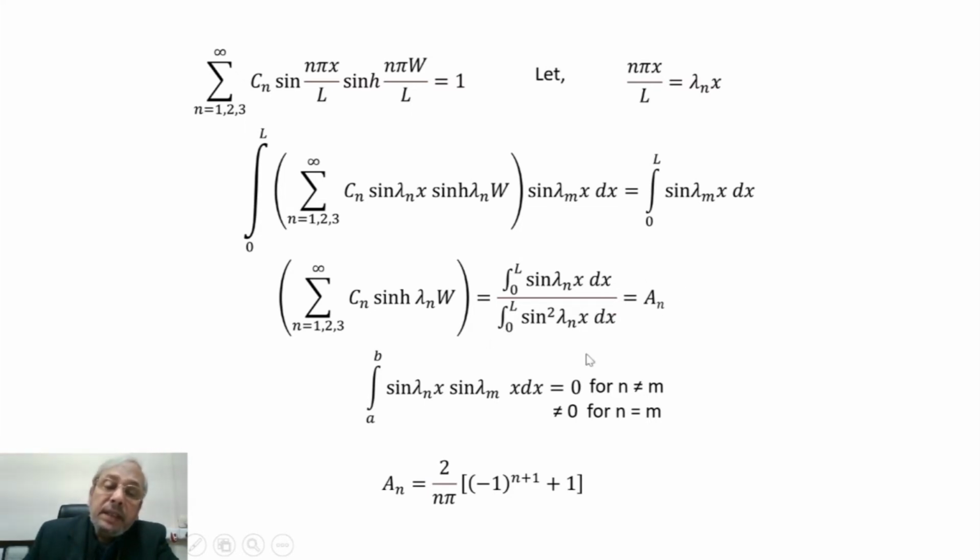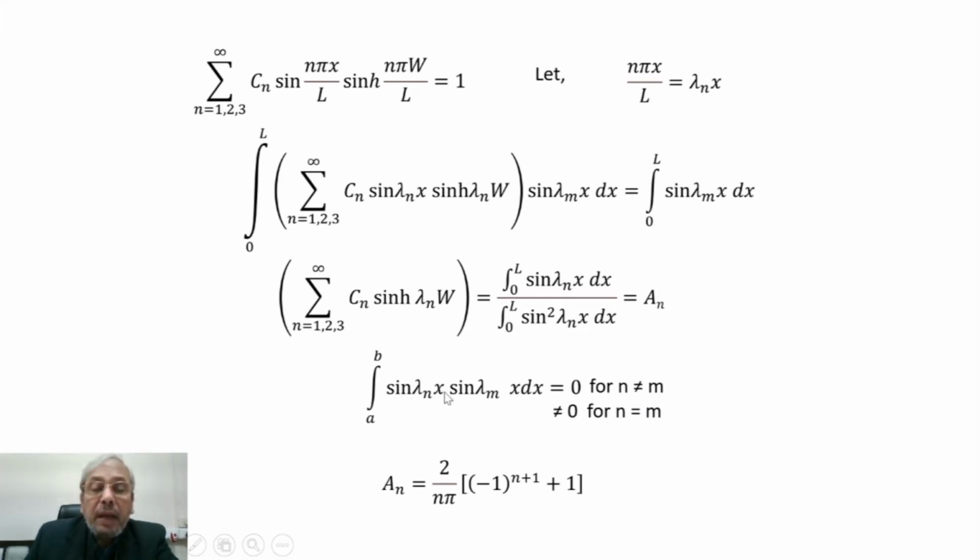And how we can write this, again this is the property of orthogonal function: between a and b, if we integrate sine lambda n x sine lambda m x dx, this will be 0 for n not equal to m, and this will be non-zero only when n equal to m.